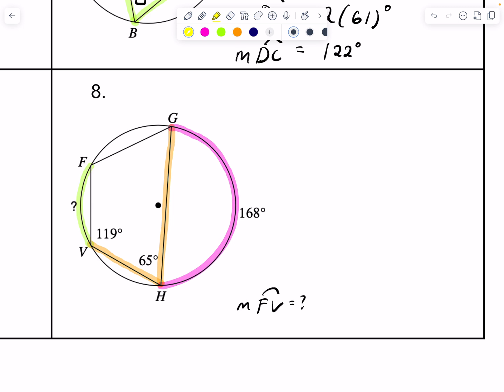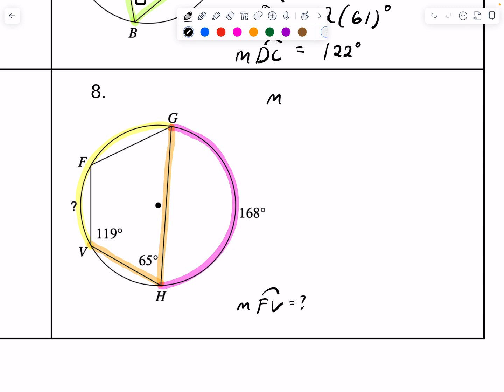So if I look at the intercepted arc here, I'm sorry, let me get rid of that real quick. And let me actually get rid of this, even though that is what I'm finding. But if you look at my intercepted arc for that angle GHV, that would be this arc right there, arc GFV or VFG, and that's going to be double that value of 65.